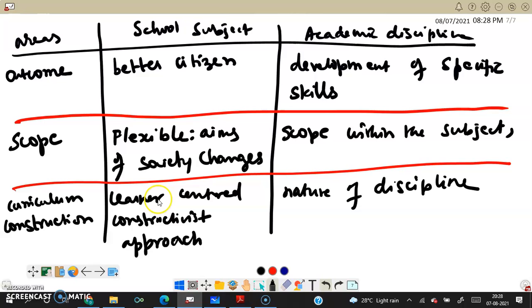We are much bothered about the learner. In the academic discipline, the curriculum is constructed according to the nature of the discipline, and it advances only when new innovations take place. Otherwise, it is the same. But it is flexible in the case of the school.